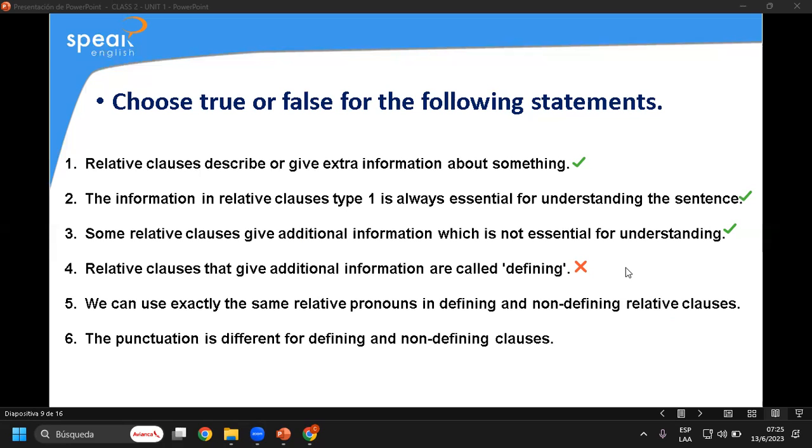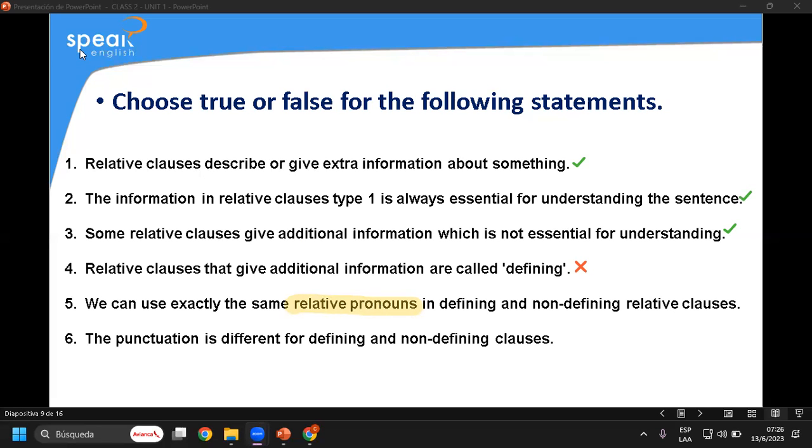Okay, the number 5, we can use exactly the same relative pronouns in the defining and non-defining relative clauses. When we say relative pronouns, we are talking about the WH words, the same connectors. Like who, which, where, can we use exactly the same? False.